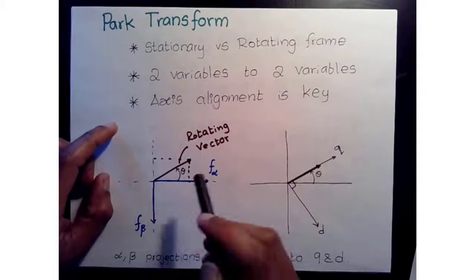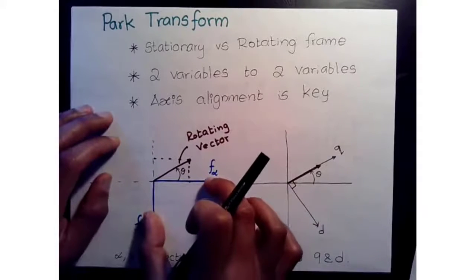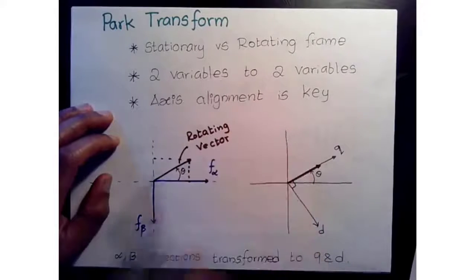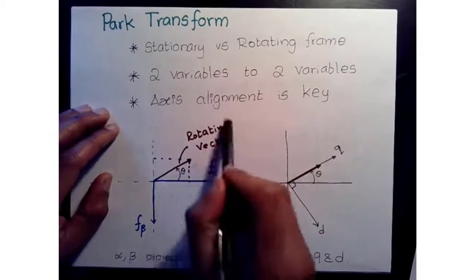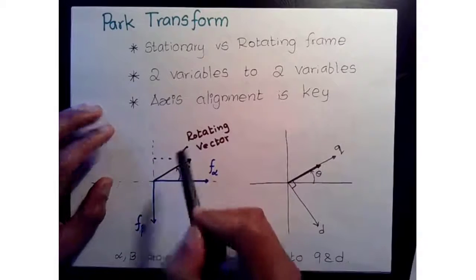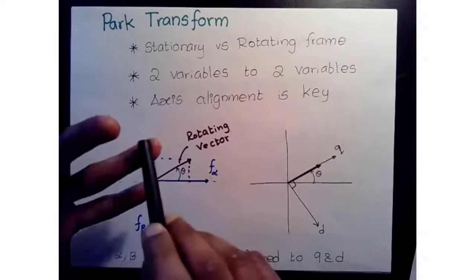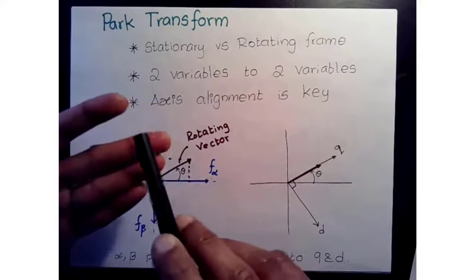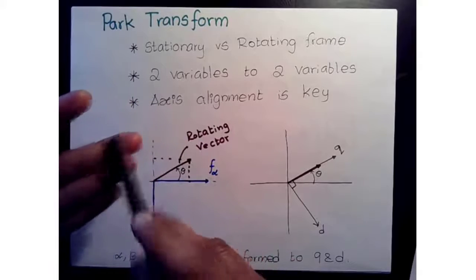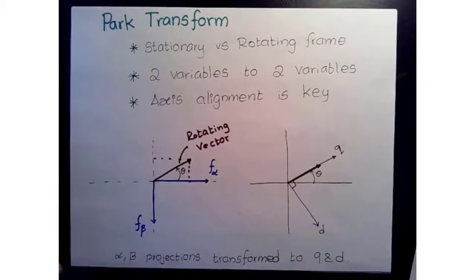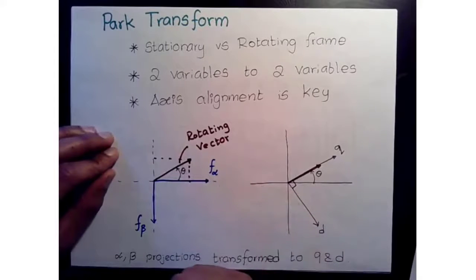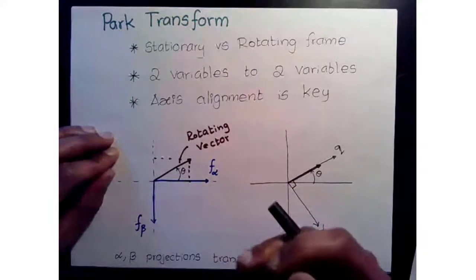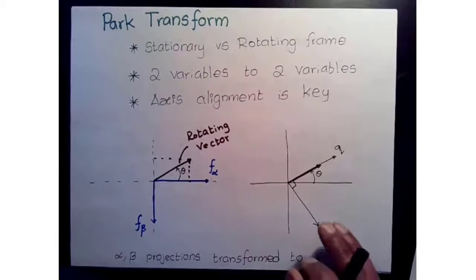Of course, in order for us to move the reference frame, we need to know how far the vector has rotated, whether it's voltage, current, or the magnetic field, the rotor magnetic field. We need some mechanism to know how much it has rotated, and that is where the position sensor comes in.